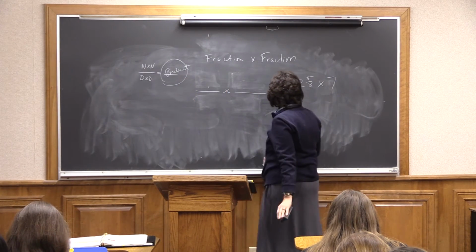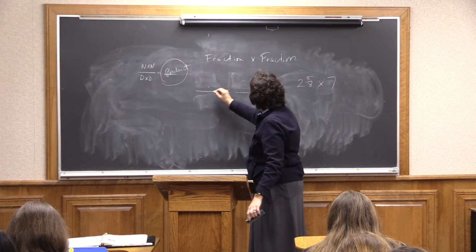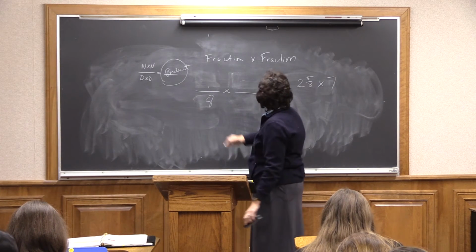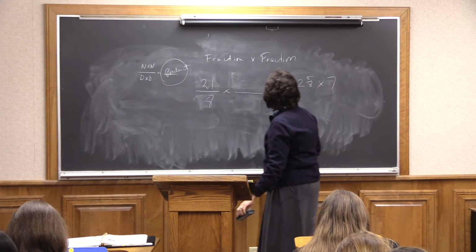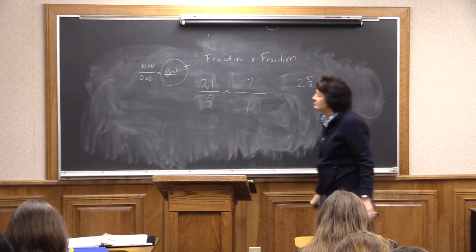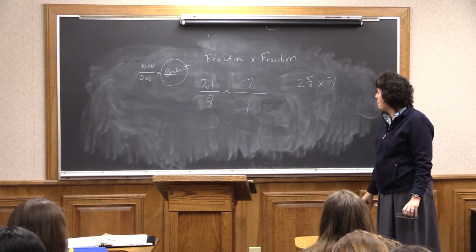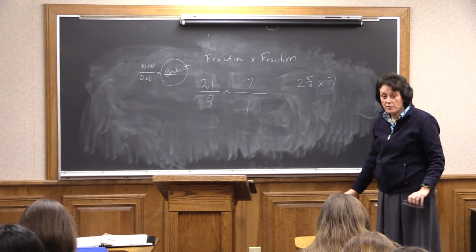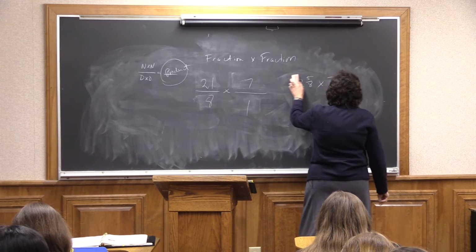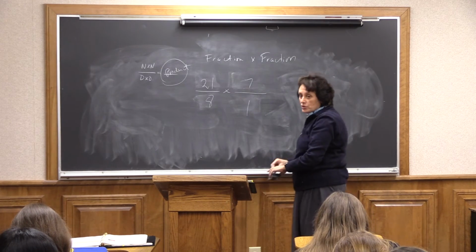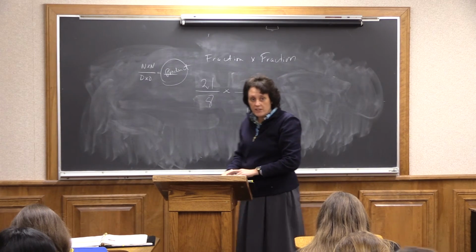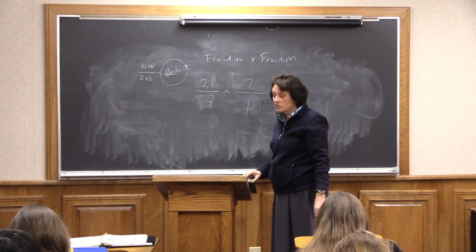It's going to go into 21/8, 7/1. Oh, too bad it's not division. I could flip it over and cancel. So fraction times fraction. That's the only way that I can do multiplication and also division in the fraction chapter.